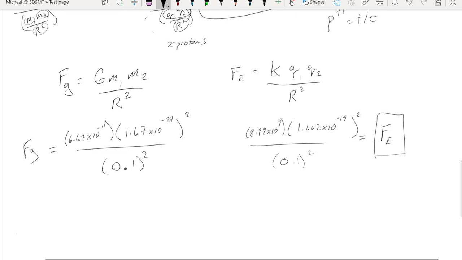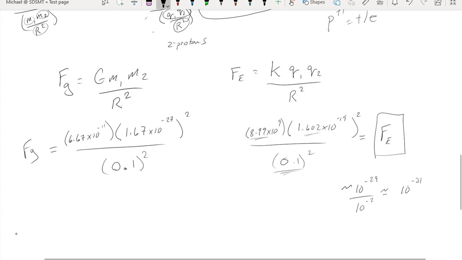I'll put this into my calculator. So in the numerator we've got approximately 10 to the negative 29, and I'm not including what I have in the denominator yet, but this would be over 10 to the negative 2, which would be approximately 10 to the negative 31.